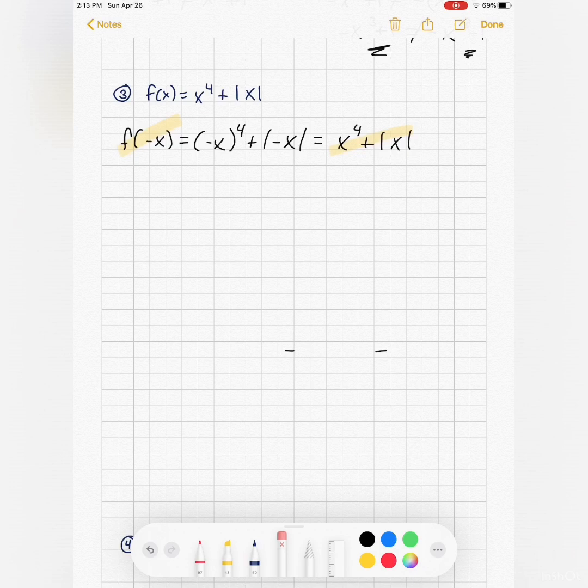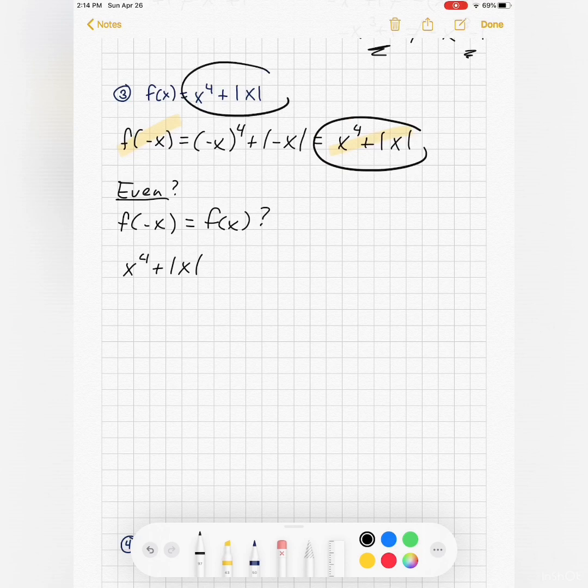Now I have to do my comparisons. Okay, so I'm asking, is it even? So for this to be even, f of negative x has to be equal to f of positive x. So in other words, x to the fourth plus absolute value of x has to be equal to x to the fourth plus, oh, look at that. It is even.